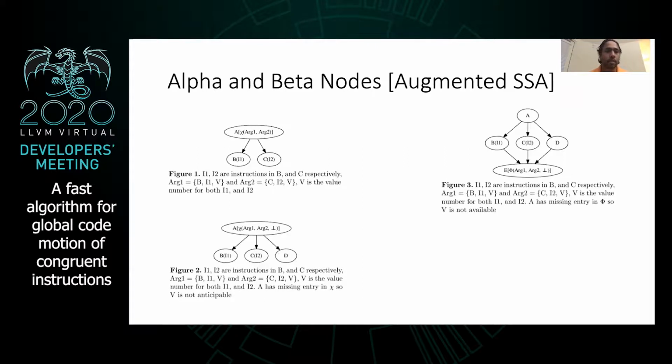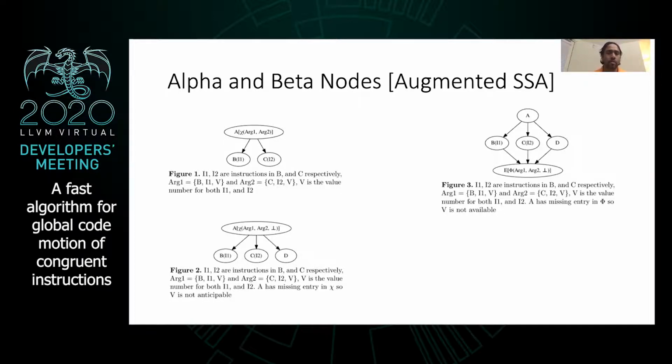So a little bit of insight into how the SSA has been augmented. At each branch-out or merge point, we insert specific nodes. On the branch-out, we insert a node which we call an alpha node, which keeps track of the live-out variables.